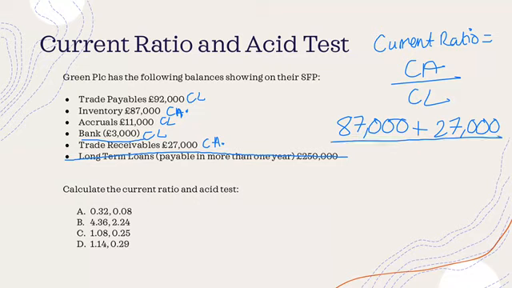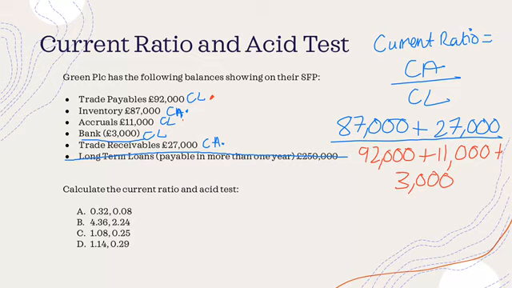Now our current liabilities would be 92,000, which is our trade payables, 11,000, which is our accruals, and 3,000, which is the amount overdrawn in the bank.